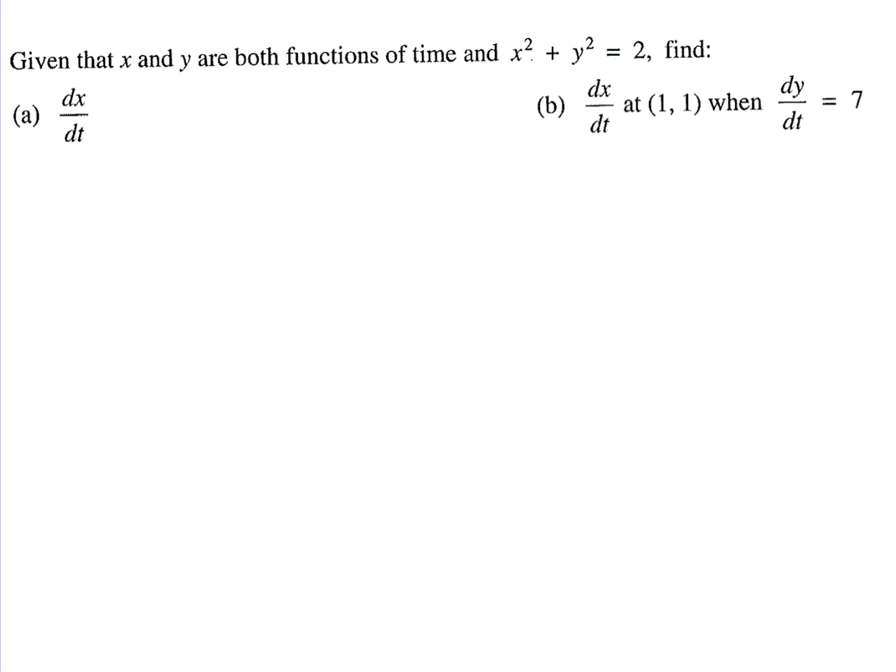Still the same equation, find dx/dt, and we see here that these are both functions of time. So find dx/dt, well, we take our original equation and differentiate, so 2x dx plus 2y dy equals the differential of 2 is 0. We want to find dx/dt, so we're going to divide everything by dt.